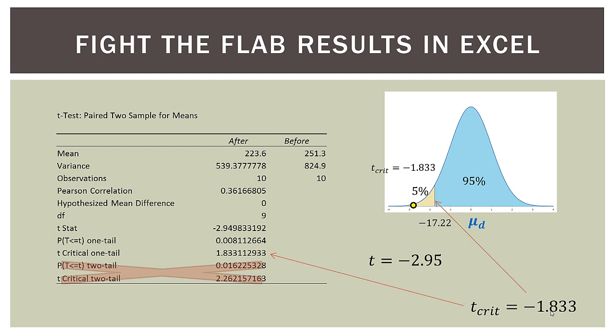Now what about our actual test statistic, our t-statistic? Remember, we calculated it to be negative 2.95, which is where the yellow circle is. Well, if you look in Excel, we have a t-stat of negative 2.498, etc. And of course, ours was negative 2.95. We just rounded, so you can see that those are the same.